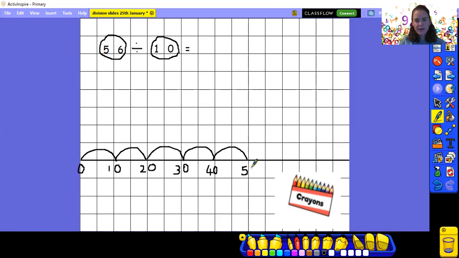Let's just check our target number. What have we got to get up to? 56. If I do another lot of 10, what am I going to land on?